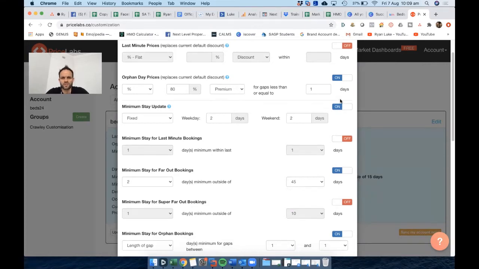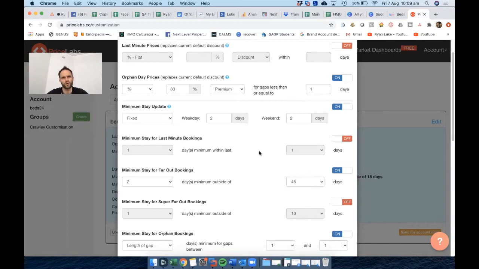Orphan days. This is if I have a 2-night minimum stay on both weekdays and weekends, as you can see there. But on a weekday, if there's a gap day, as it's called, say for example someone books on a Wednesday and then there's a booking Friday, Saturday, Sunday, then obviously that leaves Thursday as a gap day.